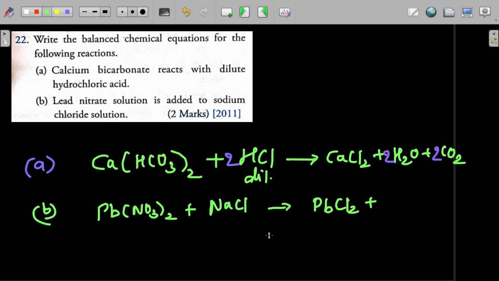Generally, don't worry if they don't mention valency. Always take lead nitrate as Pb(NO3)2 only. It is for 10th grade, it is fine. If they specifically mention lead 4 oxide, then only you have to worry. PbCl2 plus NaNO3. So this is the precipitation reaction which I will explain during salts formation.